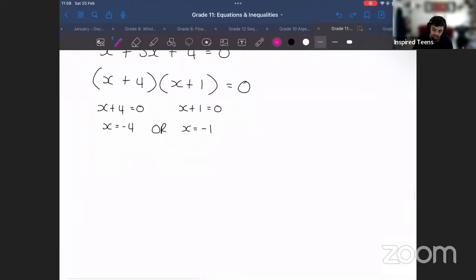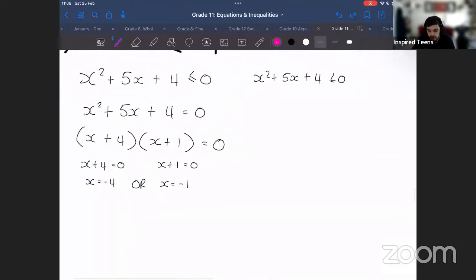These become my critical values. Alternatively, we're going to do parabola first. If you remember from functions, when we do trinomial factorization and equate our function to 0, we are solving for x-intercepts. So this is a similar concept.